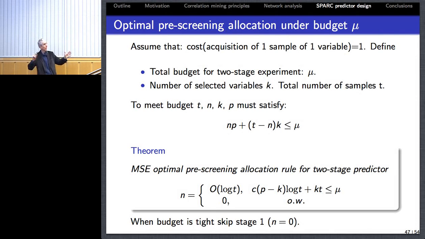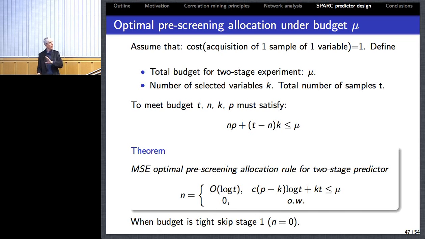Screen with large numbers of biomarkers and a few samples, then use the screened biomarkers, which are much fewer, and purchase a lot more samples of those in the future. N is the number of samples that you should buy that have the full biomarker set, and it's only log of the total number of samples.